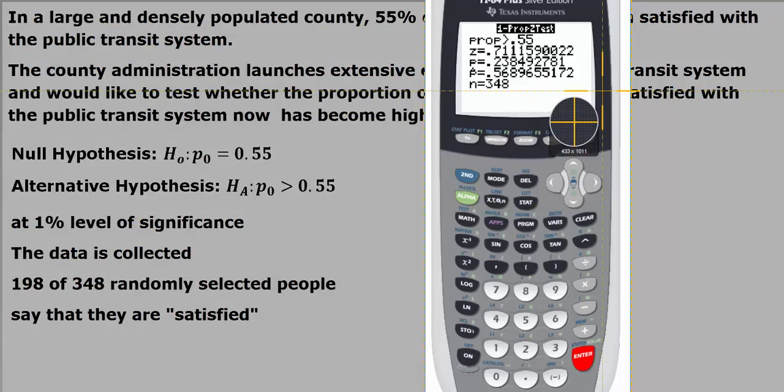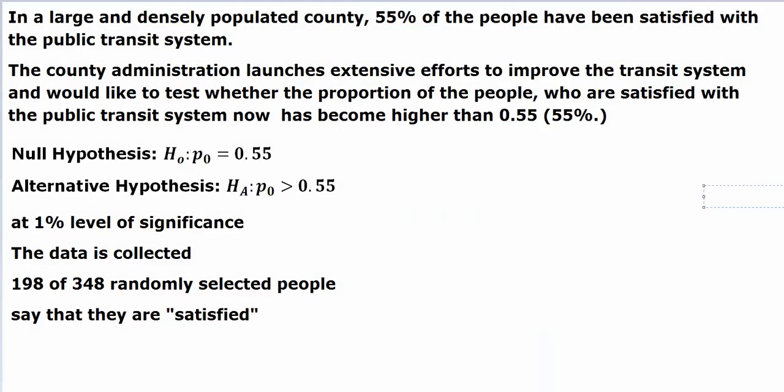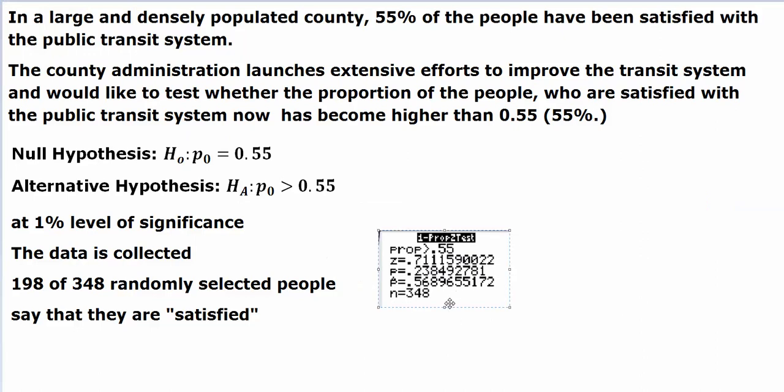So now when we look at the results, what we got here is that the p-value is 0.2385 approximately, right? So p-value is 0.2385, which is greater than the level of significance, right?